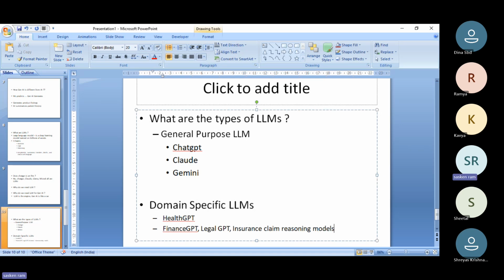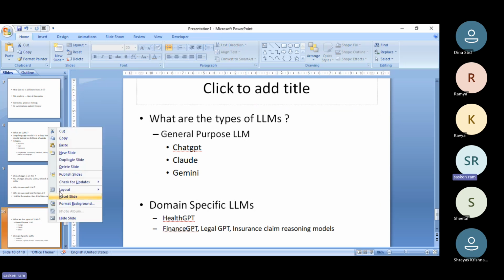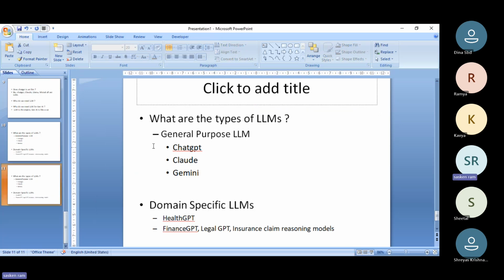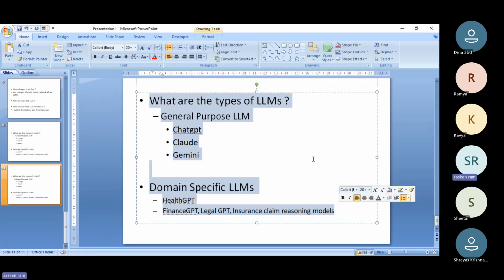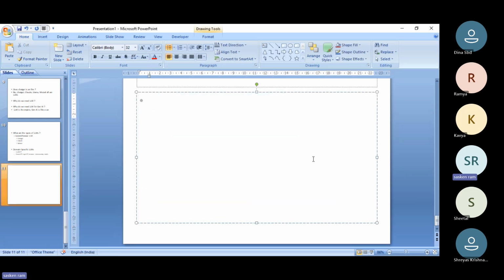And we have lightweight LLMs also available. To run an LLM model, you need higher capacity, high-end servers. Not all can afford setting up high-end servers, right? We have something called lightweight and on-device LLMs.